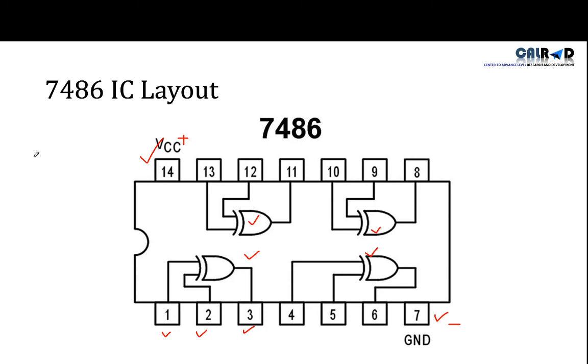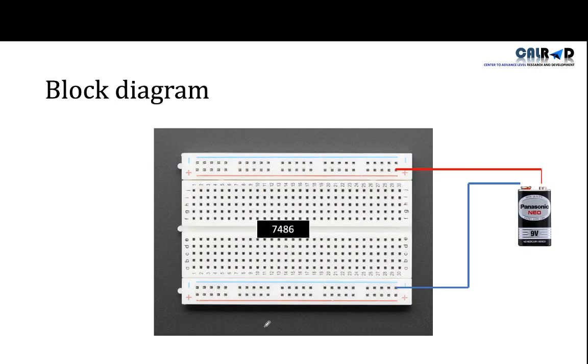Today we will be using only one IC. We will use pin 1 and pin 2 for inputs and pin 3 for output. The first step is to put our 7486 IC on the breadboard with the battery connection, but without the battery. Pin 14 we will connect to the positive terminal.